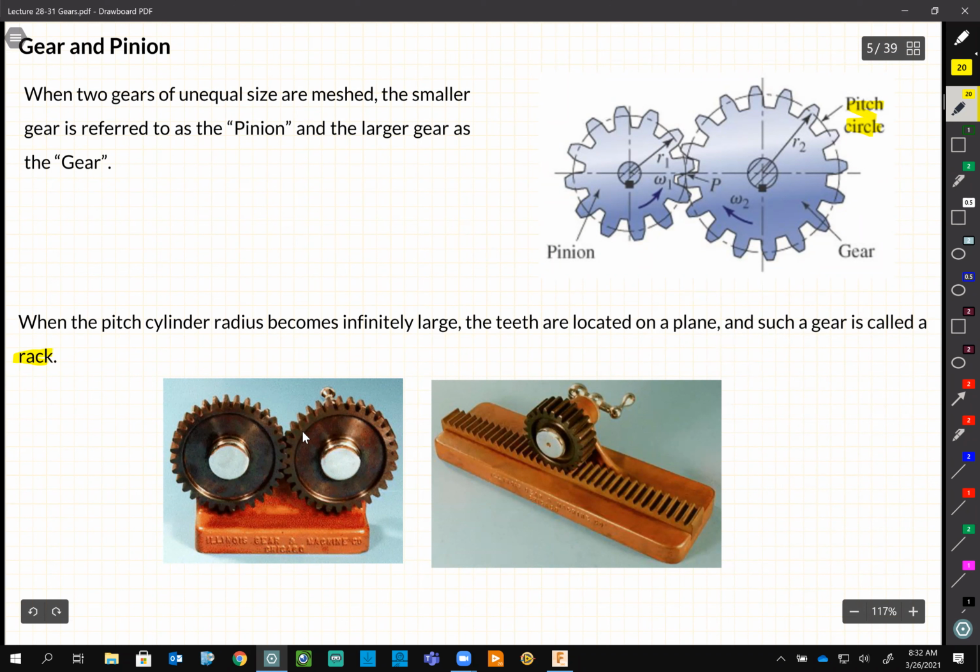So the gear on the left is just a gear and pinion. The one on the right is a pinion and a rack, right? Remember, always the small one we call pinion.